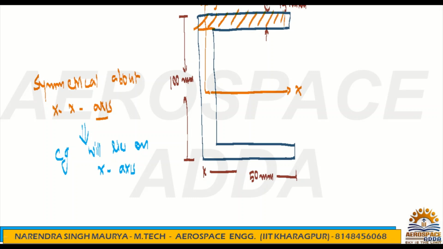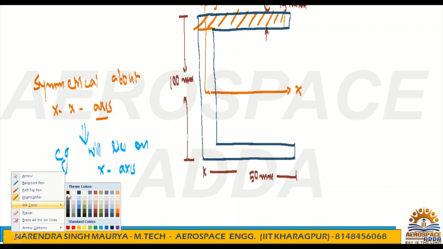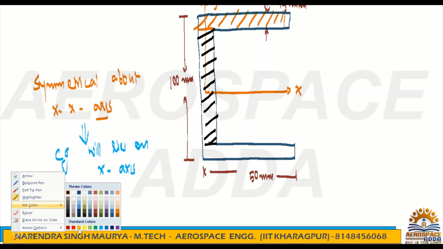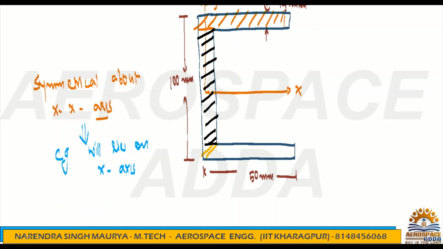See, this is section 1, and here this is section 2, up to here. Where is the third section? Your third section is nothing but this one.